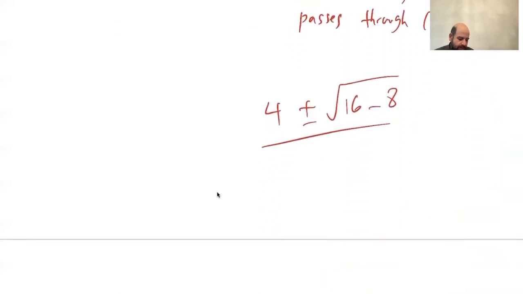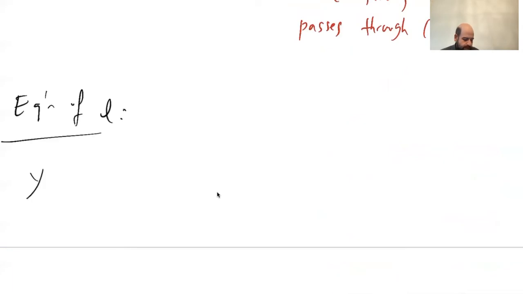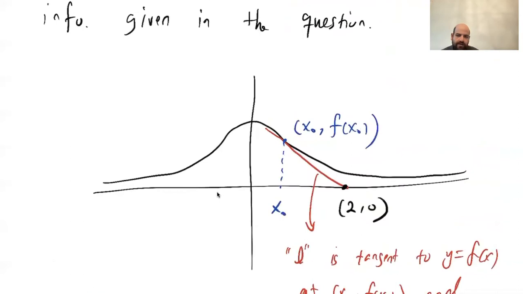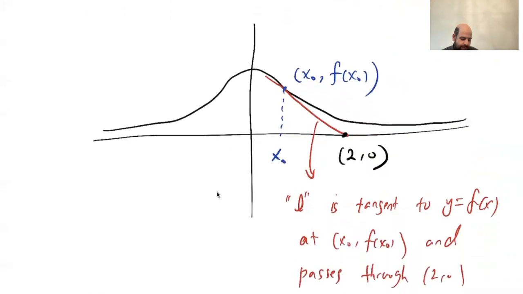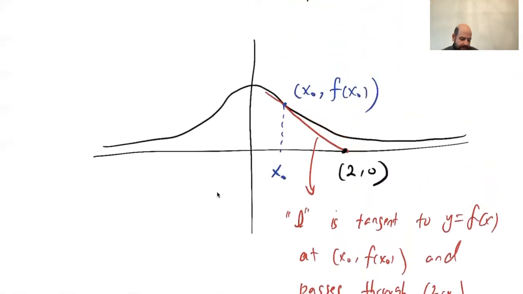So what is the equation of L? y minus y0 equals m times (x minus x0). Now, what is y0? y0 is f of x0, right? The y value of my point is f of x0. And what is m? m is the slope of this line.